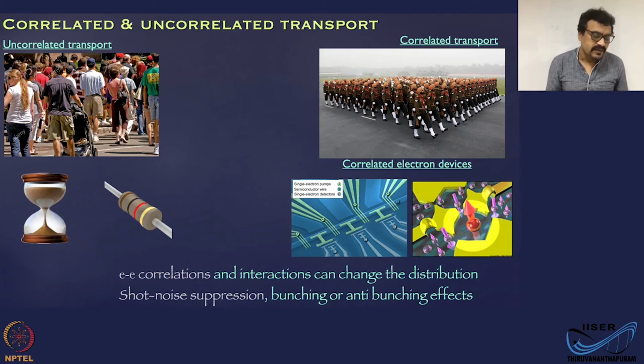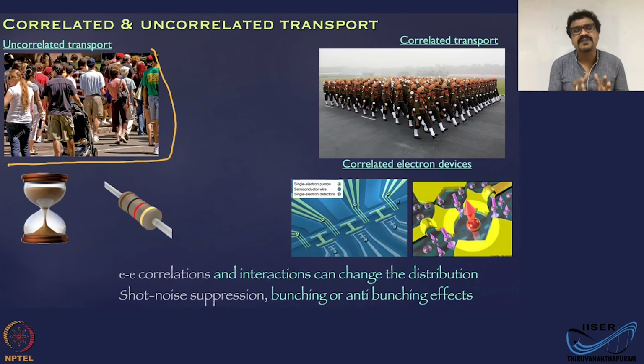When we say correlated transport, first of all, let's look into what an uncorrelated transport is, with a simple example: people randomly crossing over the road in a market. If you stay there for the whole day and measure it, you will get a certain average number.